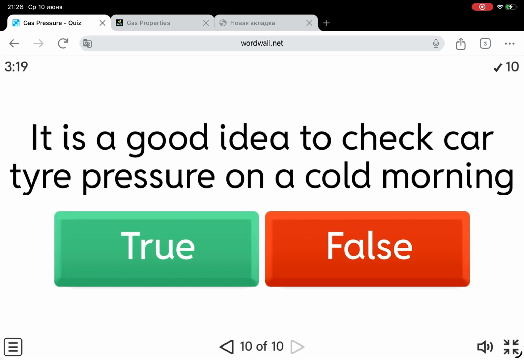Actually, no, because when you are riding in a car, through friction your tire will expand and the pressure will increase. But if we're talking about the practical side of such an experiment, it is better to check your car's pressure on a cold morning, because if you have extra pressure, it will be easier to detect.